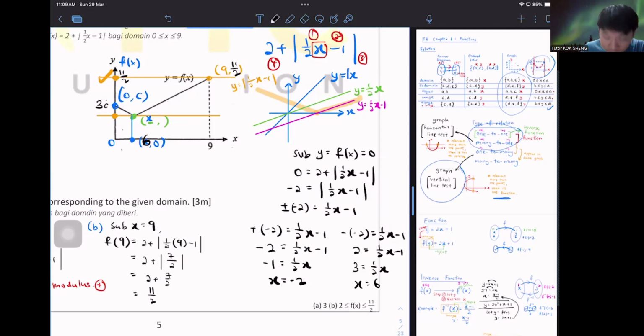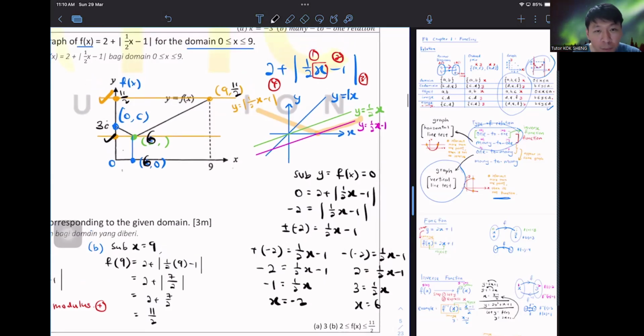So here also 6. Now we can sub in the 6 into the x to get this number. Wait, why is the answer different? The answer I get is not 4.